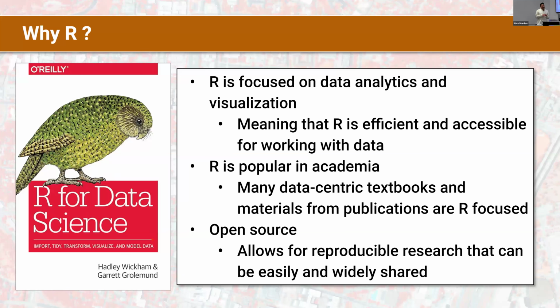There are a lot of statistics textbooks that are based in R, and a lot of publications that come out with R code attached, specific R functions. So if you have the ability to script in R, you can really stay on the cutting edge with that kind of stuff. And then again, open source, which I've already focused on.